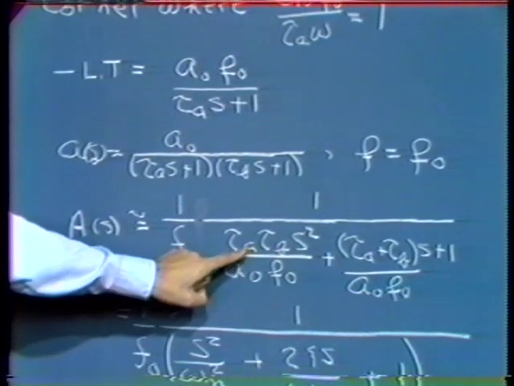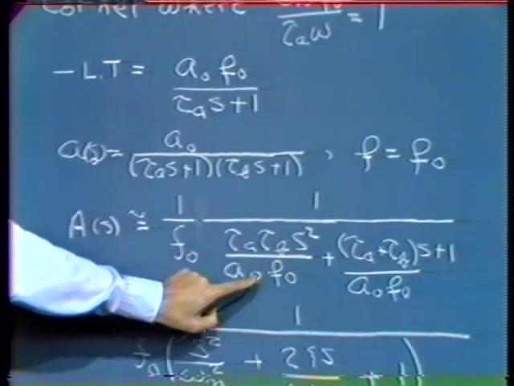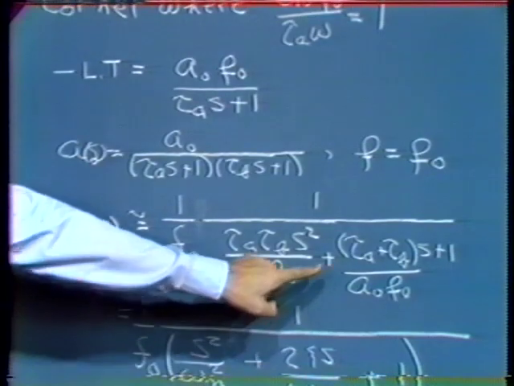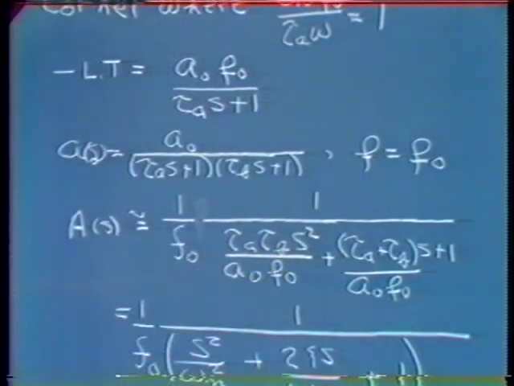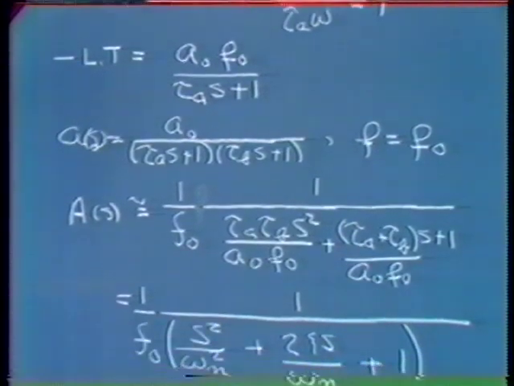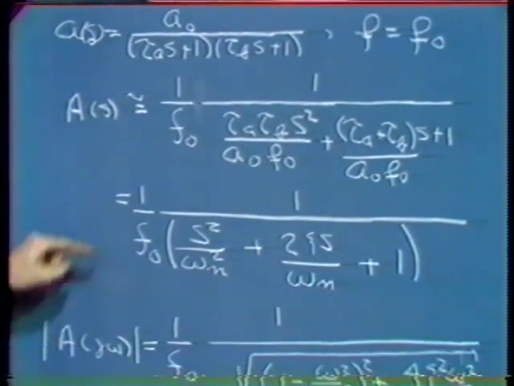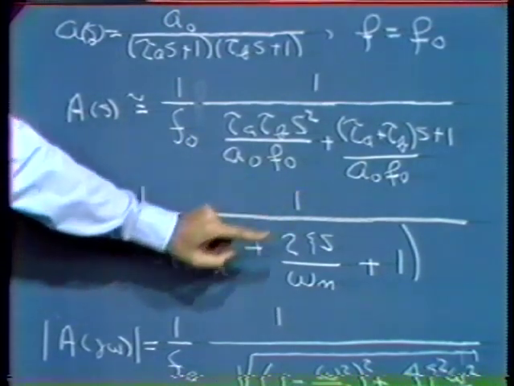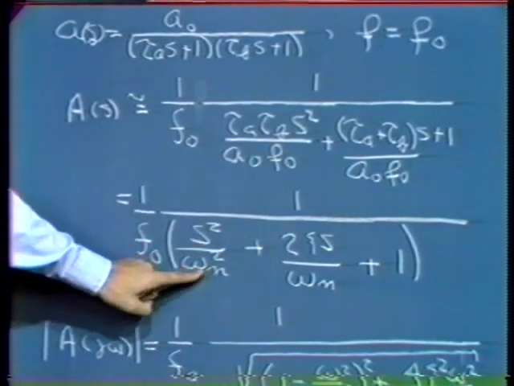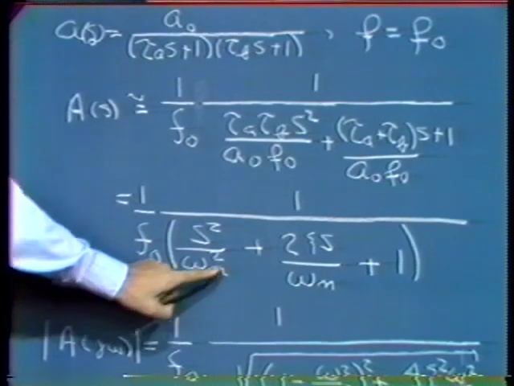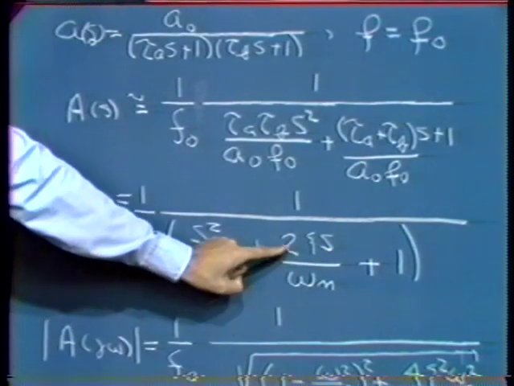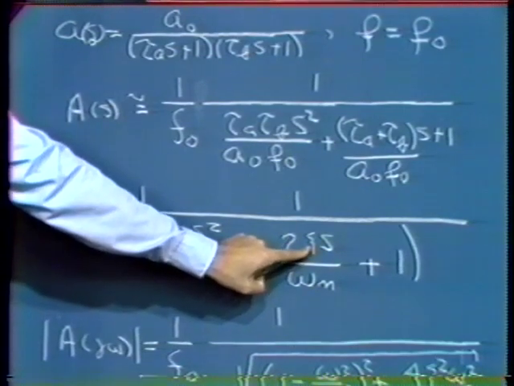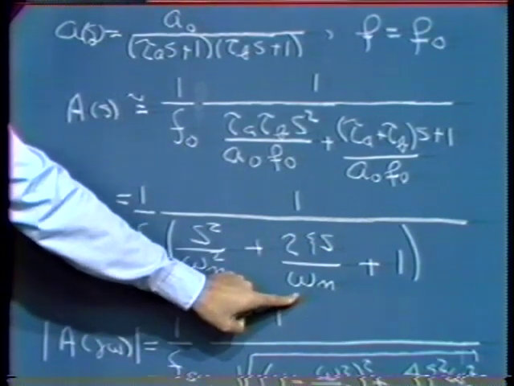For certain combinations of tau a, tau b, a naught, and f naught, it's clear that it may not be possible to factor the denominator transfer function into 2 real roots. And under those conditions, it's convenient to write our second order expression in the following standard form, and we'll use this throughout the material. 1 over f naught times 1 over s squared over a quantity called the natural frequency squared, plus the s term with a coefficient twice a quantity called the damping ratio divided by the natural frequency, plus 1.